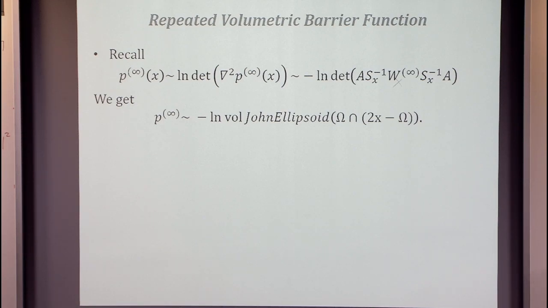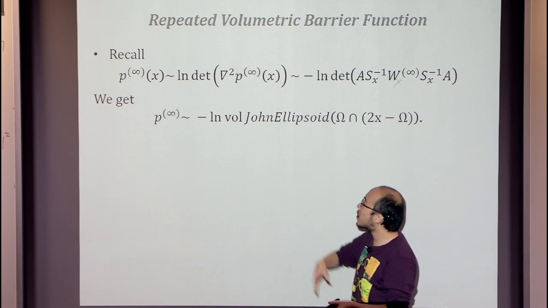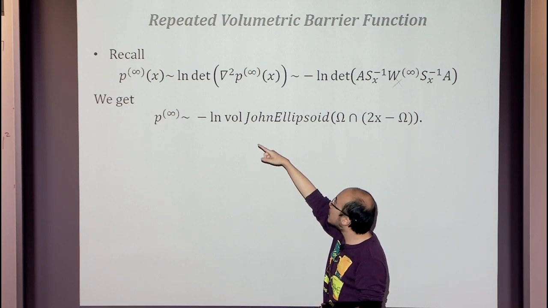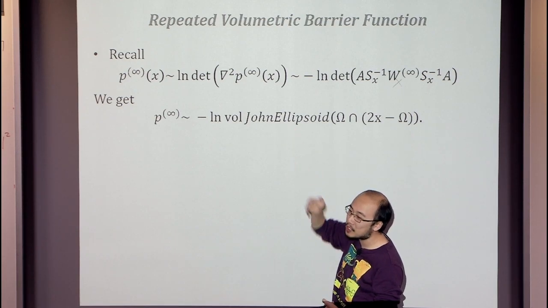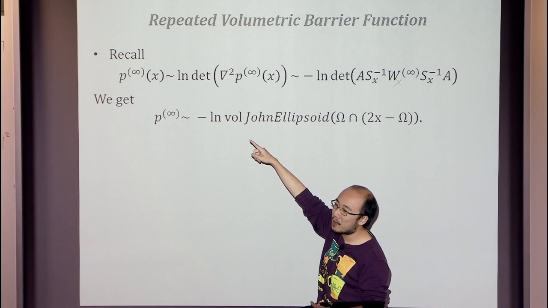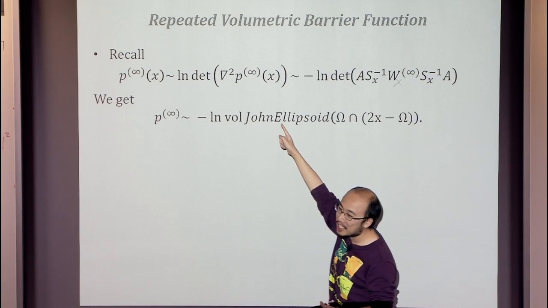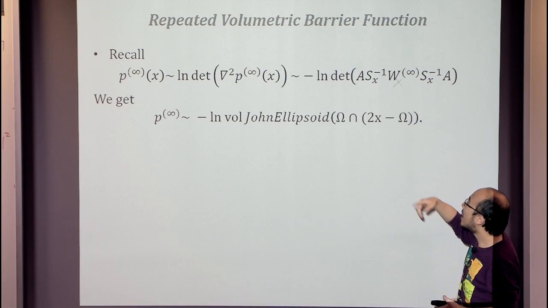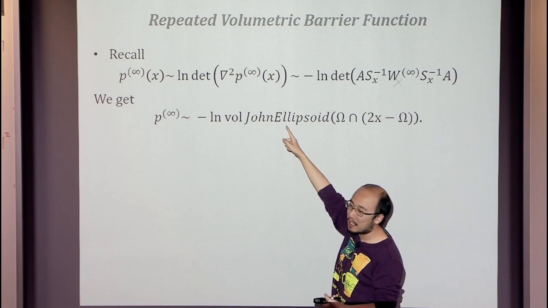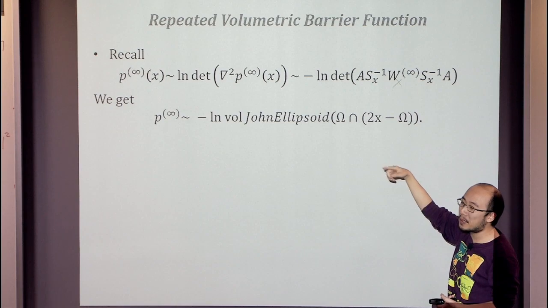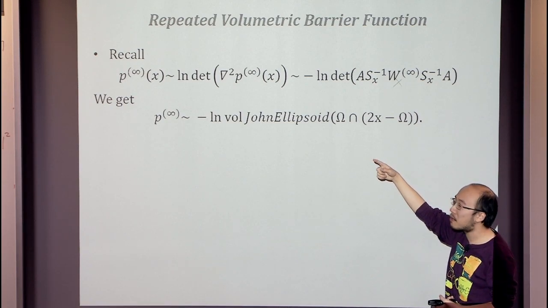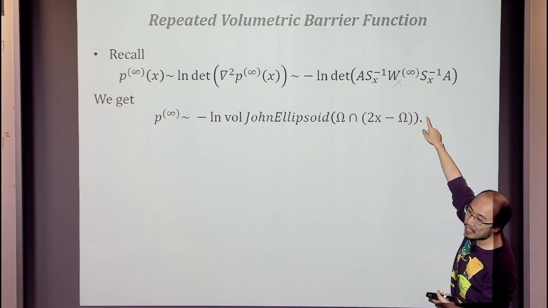Now remember our barrier function. The recursive definition is that each time you replace the barrier function by the log of the Hessian of the barrier function. So you can imagine the final object also satisfies that equation. Then you just put in the formula for the barrier function, a weighted log barrier function, so the Hessian will look like that form.